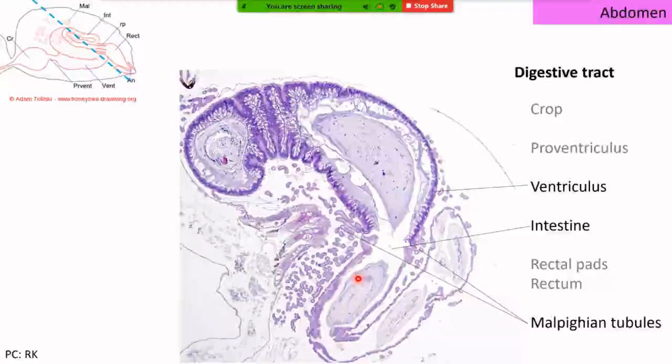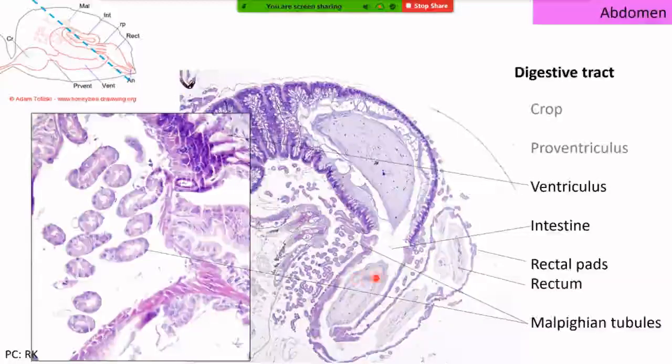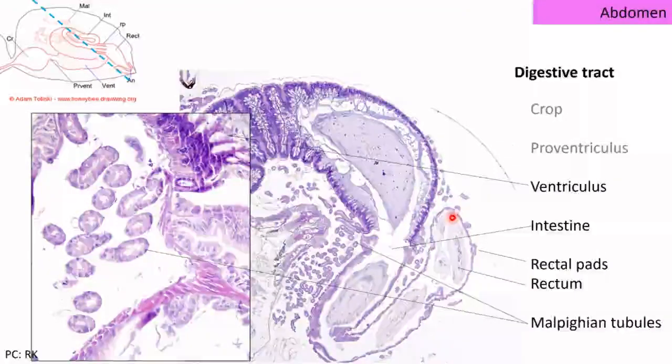And the intestine will then include the intestine itself and the rectum. The cool part about the rectum is that it is able to expand by great volume and hold the digesta of the bees for several months on end during the winter, at which time bees are not able to go outside of the colony and empty their rectum because the flying conditions aren't always great.